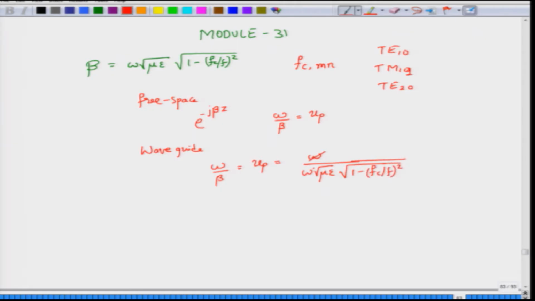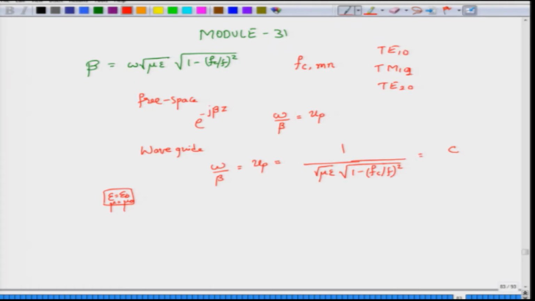I can cancel omega from both sides, and then what I get is 1 by square root mu epsilon for a waveguide that is filled with epsilon equal to epsilon naught and mu equal to mu naught, meaning that no material is filled. 1 by square root mu epsilon will actually be equal to c, the velocity of light in free space or in the air medium.